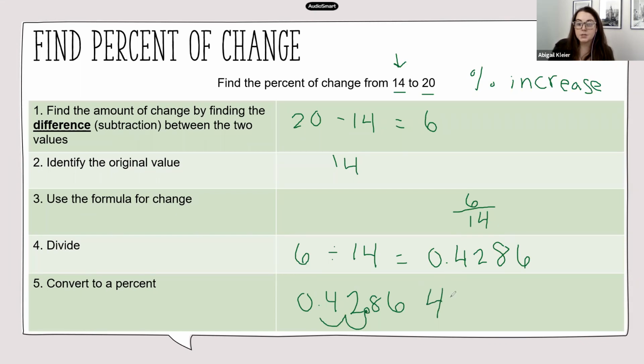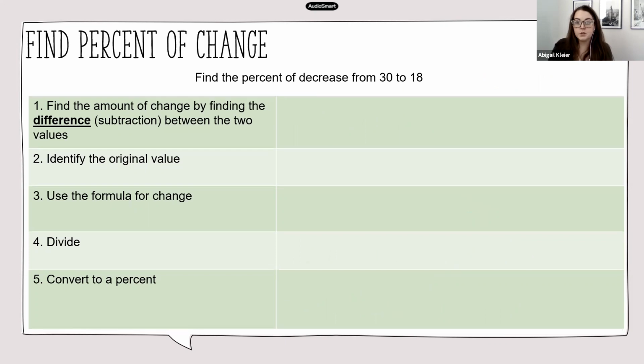That gives us a percentage of 42.86%. So if we want to talk about what is the percent of change from 14 to 20, that would be a 42.86% increase.